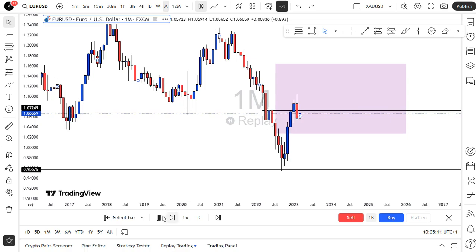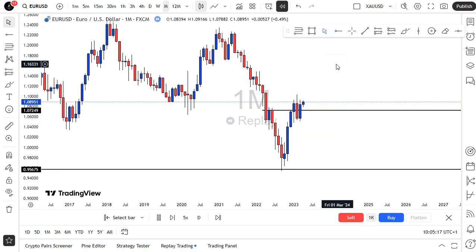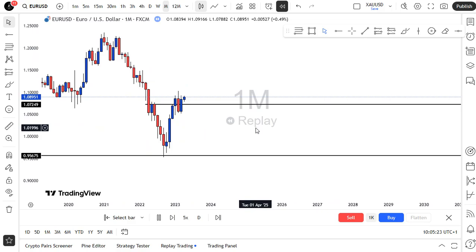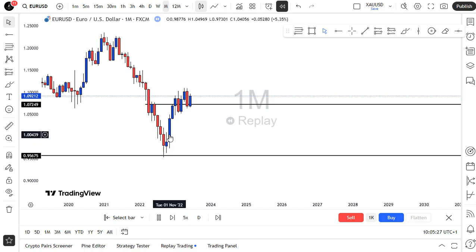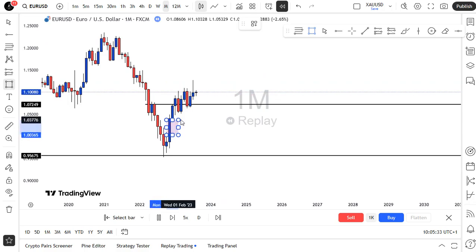Then now, for the entry. If you remember in the other video, I told you this is the lower time frame we're dealing with here. You have to allow price to come downwards, somewhere here, for you to buy at a cheaper level. If you want to use your fair value gap for ICT, you can just draw that gap.